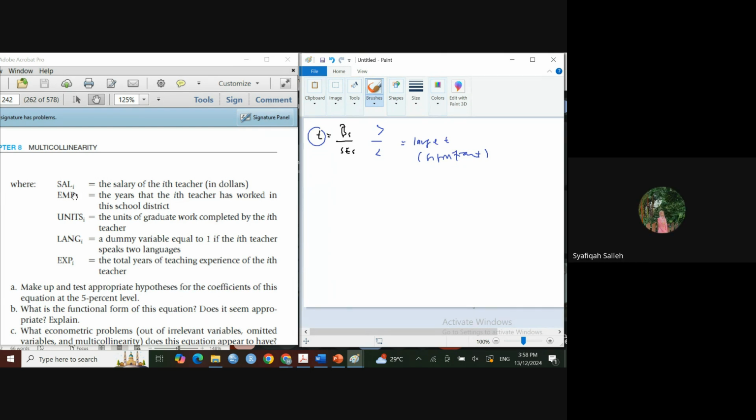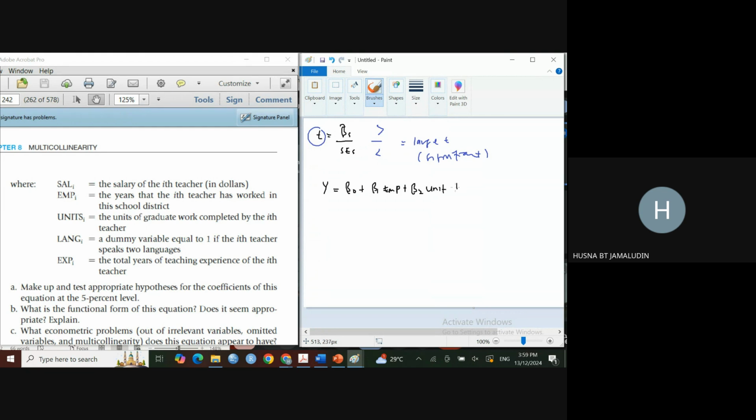Increase. Oh, I think you want to see the equation, right? You love to see my bad handwriting. So I will put income or salary is a function of beta naught plus beta 1 EMP, they put EMP but it is years, but it's okay, plus beta 2, what do we have? Unit.